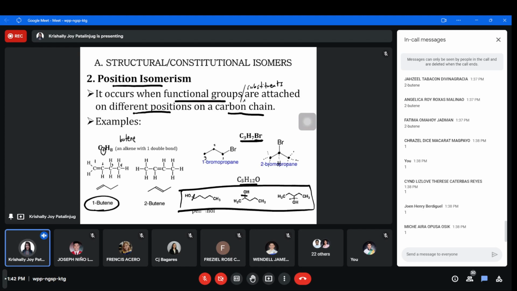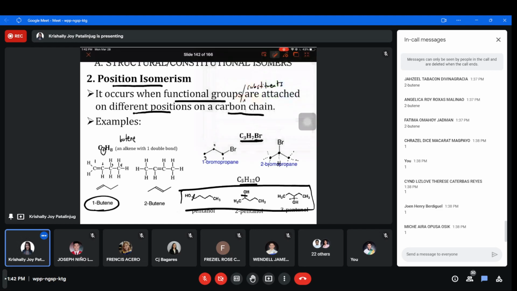Okay, or position isomer. Yung isa, 1 pentanol. The second molecule is 2 pentanol. Then the third one is 3 pentanol. Okay? Never mind the naming. Naming ng alcohol kasi hindi pa naman tayo nakapag-discuss ng naming of alcohol. But with regards to alkanes, alkenes, alkynes, you have to expect na pwedeng merong names lang yung ibibigay, no?